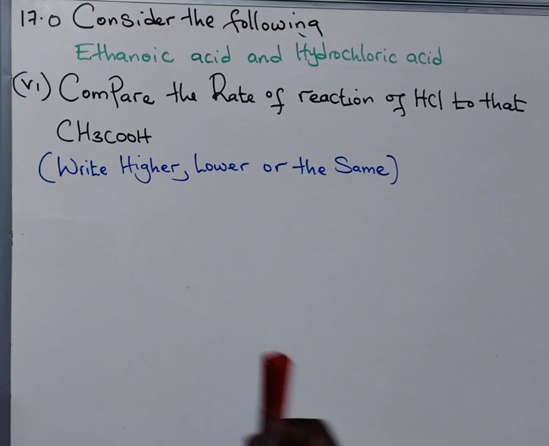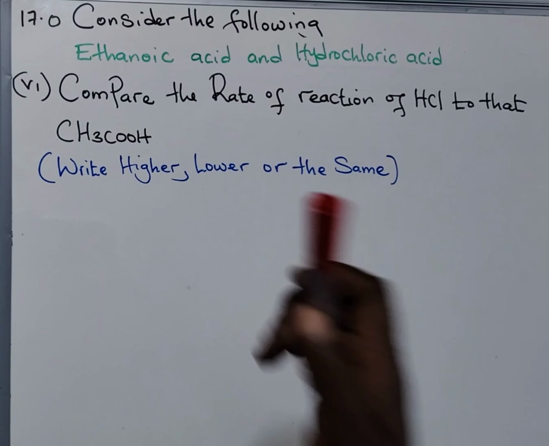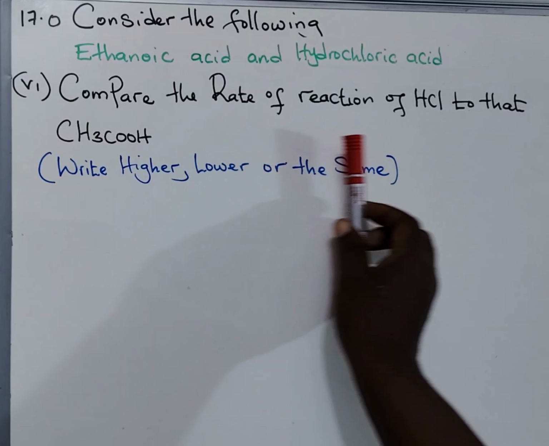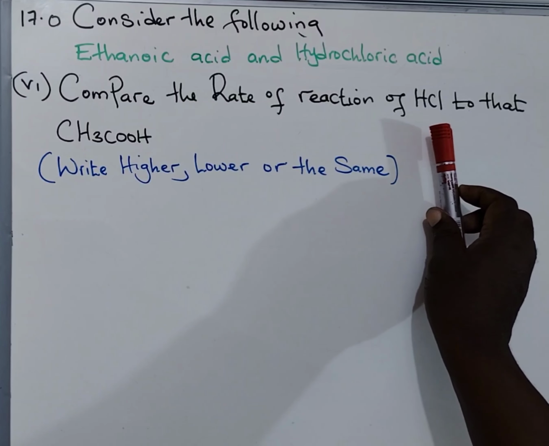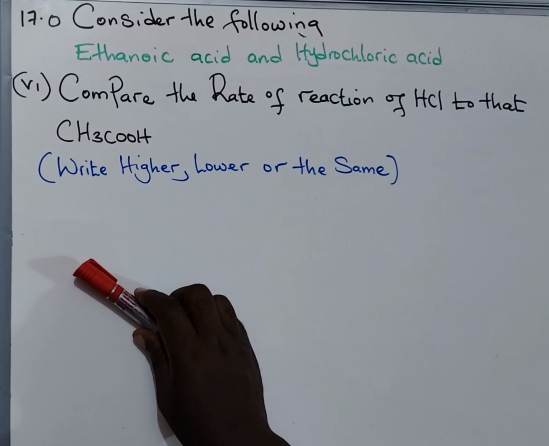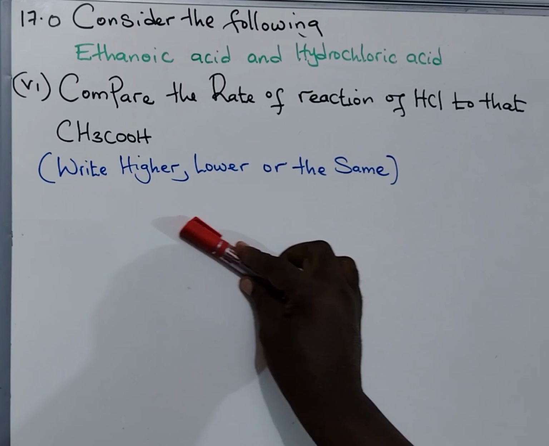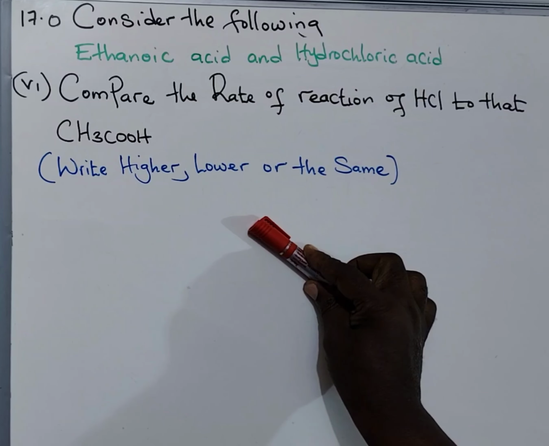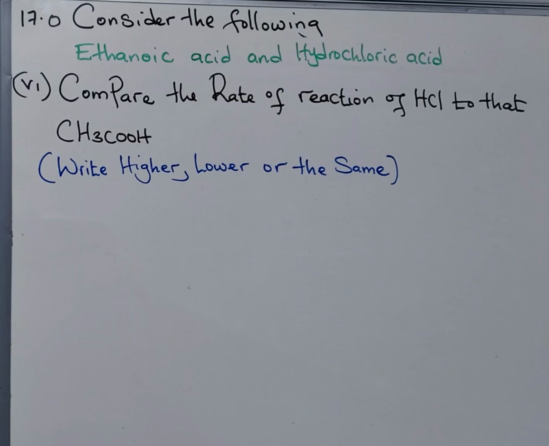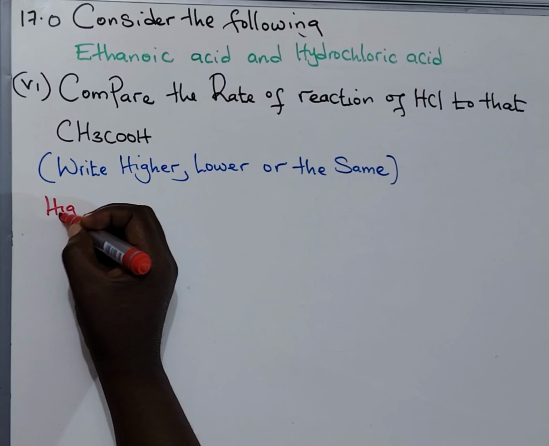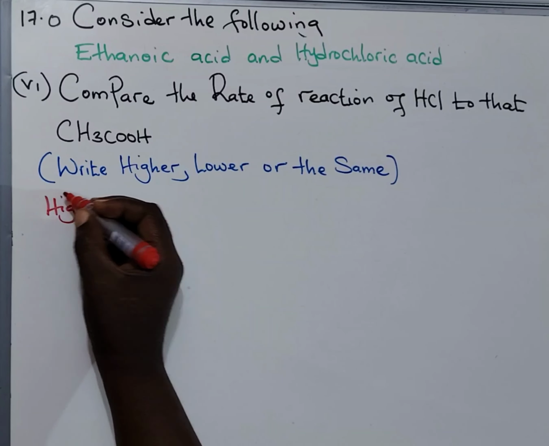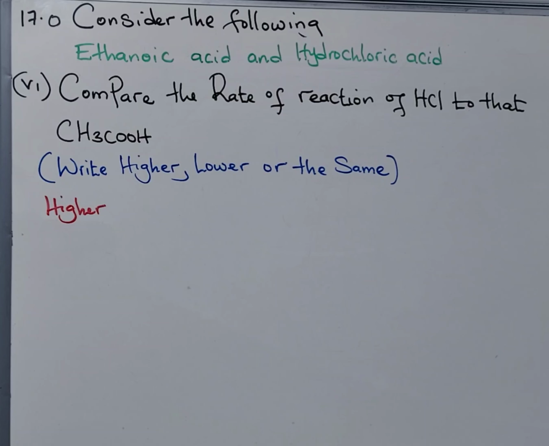Then comes this one. It says, compare the rate of reaction of HCl, or hydrochloric acid, to that of ethanoic acid. Write higher, lower, or the same. We are comparing HCl to ethanoic acid. The answer is higher. What's the reason for being higher?